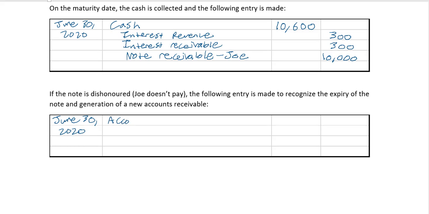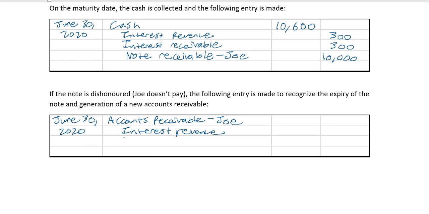So accounts receivable, Joe, and then we're going to have some interest revenue generated from the last 6 months, January 1st, 2020 to June 30th, 2020.